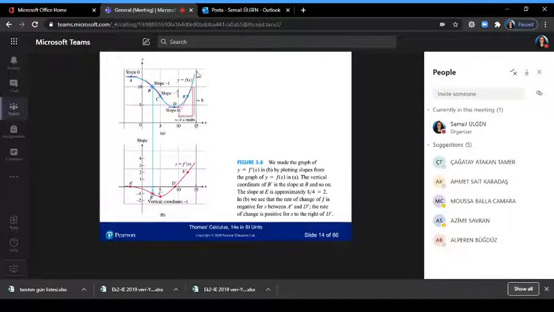This blue one is our f of x, and then we just choose some points where we have the tangent lines and their slopes. For example, at A, this is a horizontal tangent line, so the slope is 0. At B, this is not a horizontal tangent line. This has a negative slope, obviously.